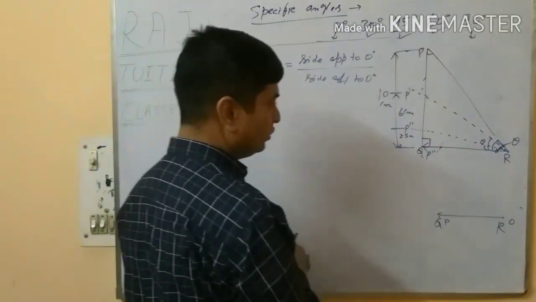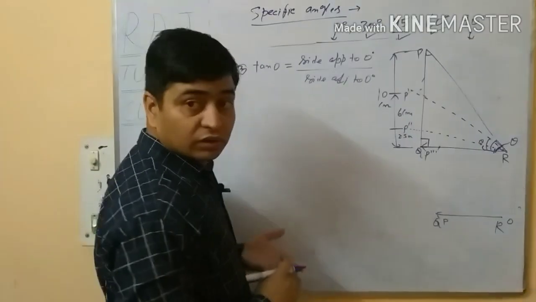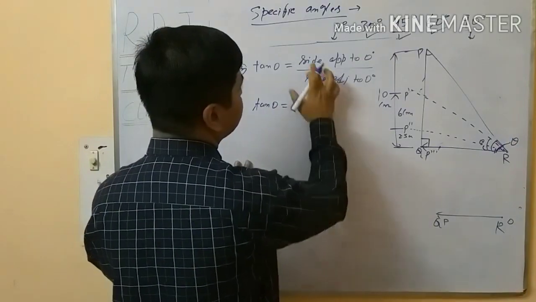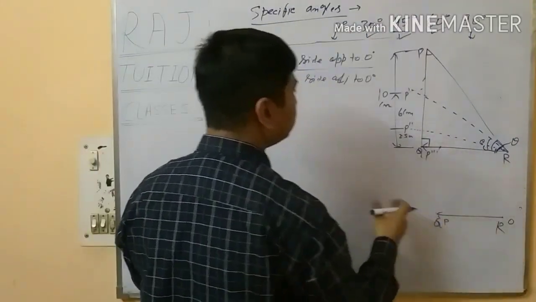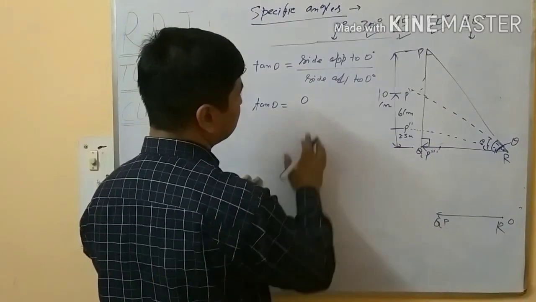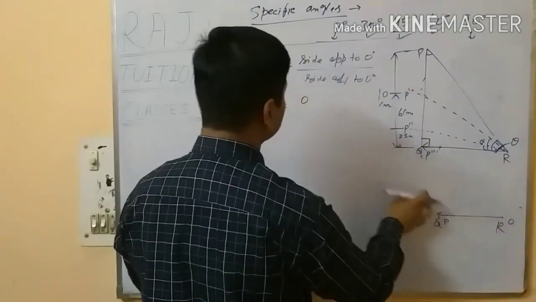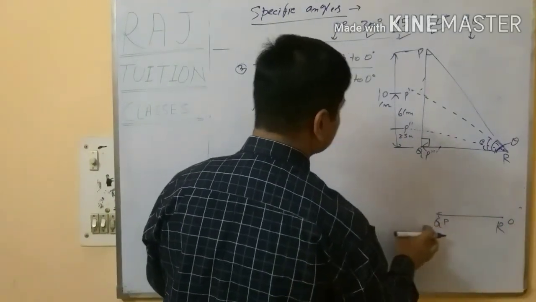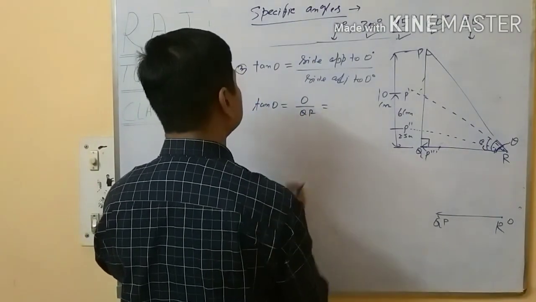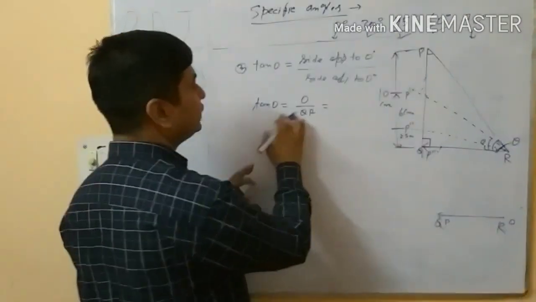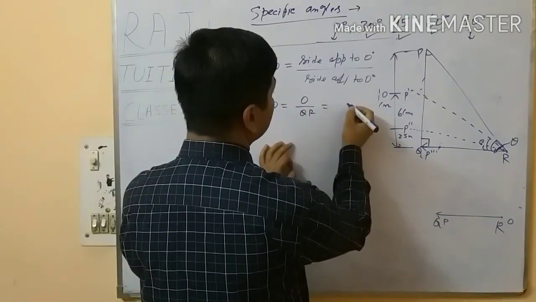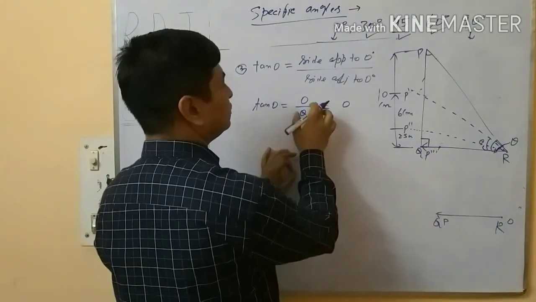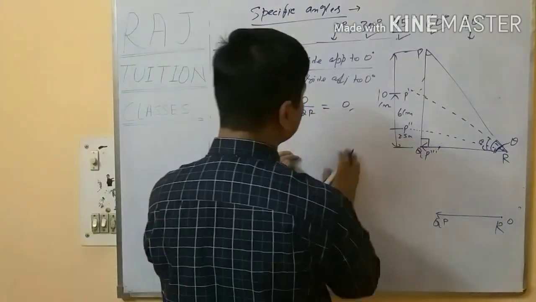So tan 0 equals side opposite to 0 degree. Side opposite to 0 degree is nothing, 0, divided by side adjacent to 0 degree, and this is QR. So tan 0 is 0 upon QR, so it has a value of 0. 0 divided by QR will result in 0.